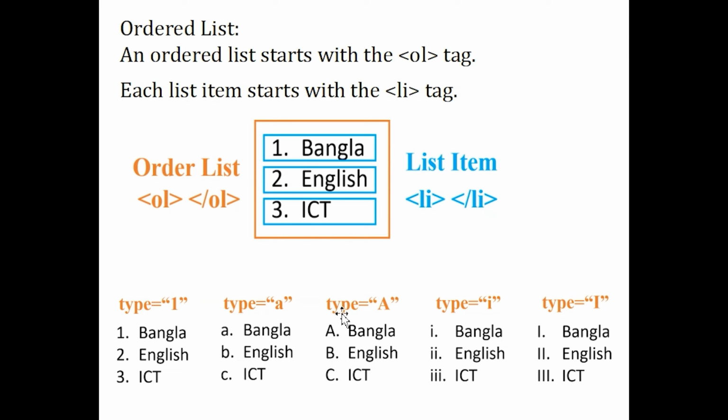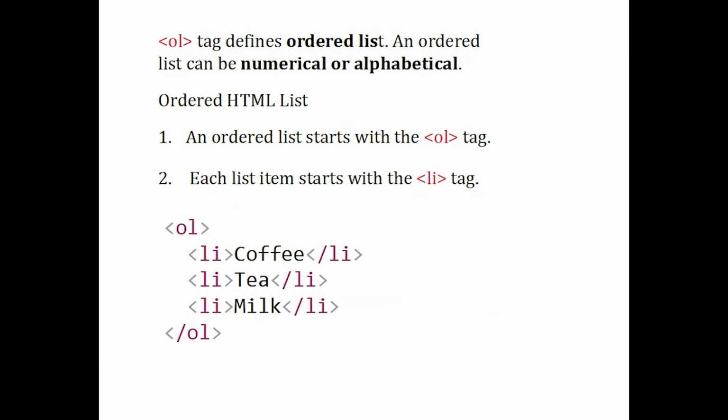How to write this, we are going to discuss through the HTML editor panel a little bit later. Here is an example of ordered list code. The OL tag defines the ordered list, starting with OL and closing with /OL, and each item starts with the LI tag.